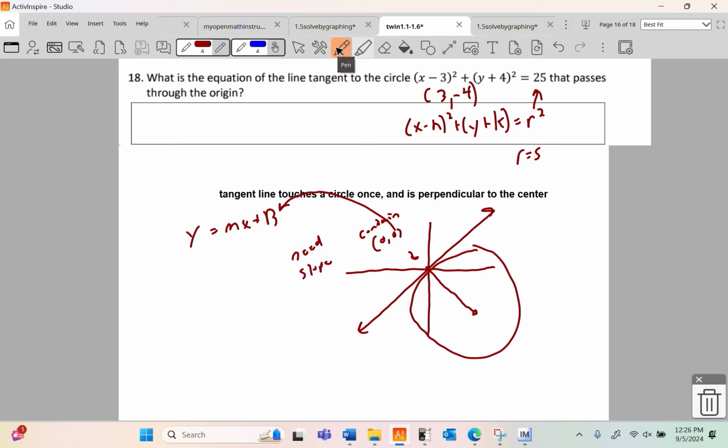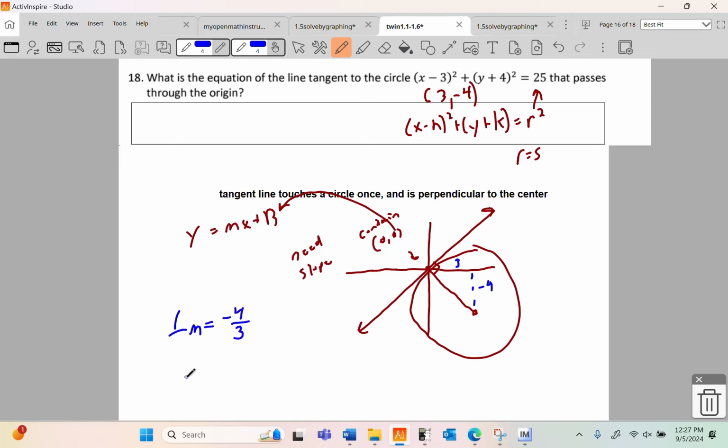Let's do some stuff here. Let's think about how we got this line right here. I know it's a right angle. That's cool. It forms a right angle with the center. There's a couple ways we can think about this, but to go from the origin to here, I went right 3 and I fell 4. So my perpendicular slope is -4/3.